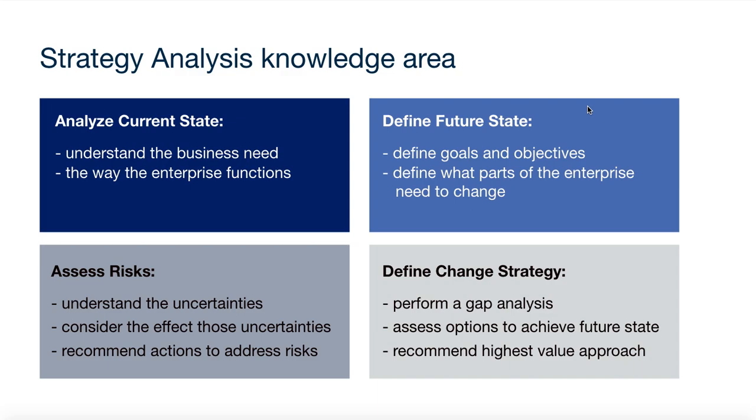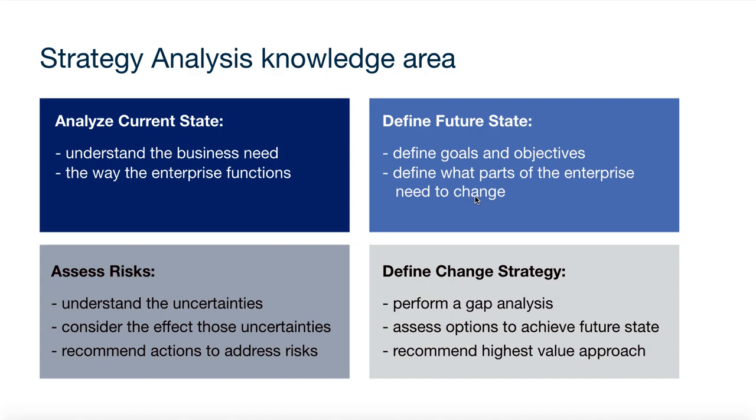So once you have the as-is state, you need to even define what is the future state. As part of those collaborations, the team would identify the desired state, that future state that I am looking at, and you need to define goals and objectives to achieve that future state. If I want this future state, this is going to be my goal and objectives. And based on that, you also need to define what parts of the enterprise need to change.